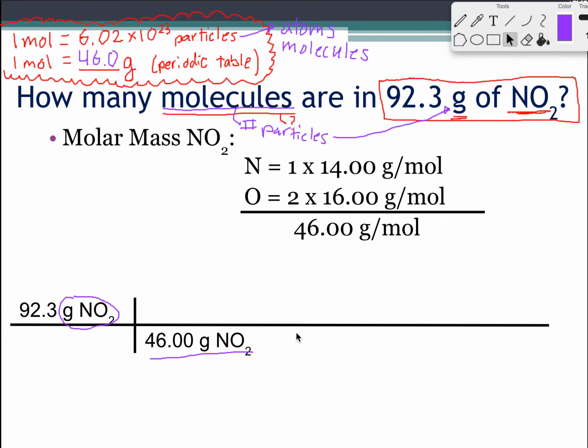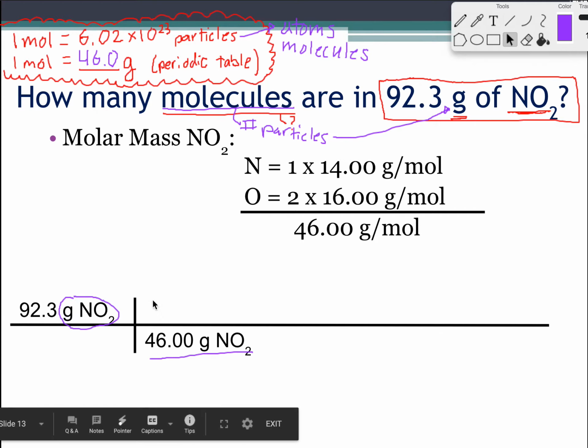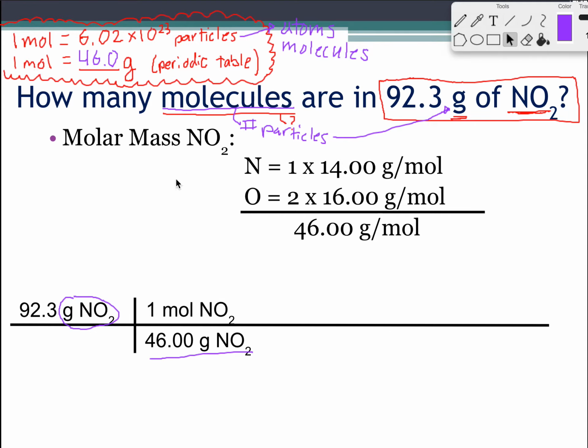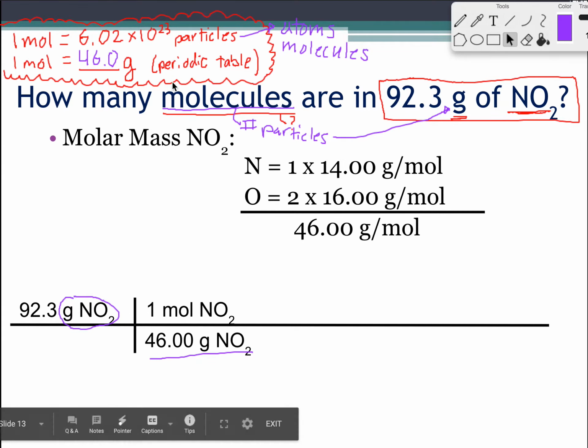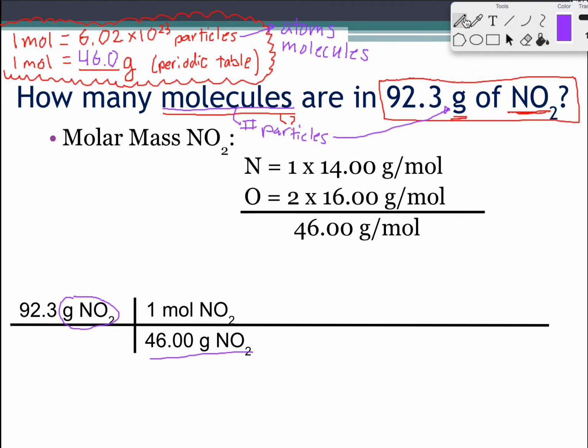Since our molar mass is 46, we have 46 grams of NO2 on the bottom, and on the top is that 1 mole. This is our conversion factor of our molar mass, which tells us that there are 46 grams of NO2 in 1 mole of NO2.